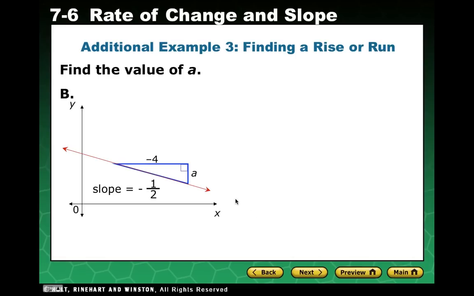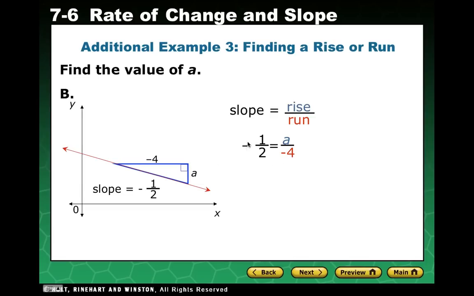Okay, we're going to use this again. This time we're finding our rise, and we have our run. So using the slope, -1 over 2, we're going to take A and substitute it where the rise would be in the numerator. And our -4 is the run, how far it goes over, left or right. So that's going to be -4. We're going to cross multiply.